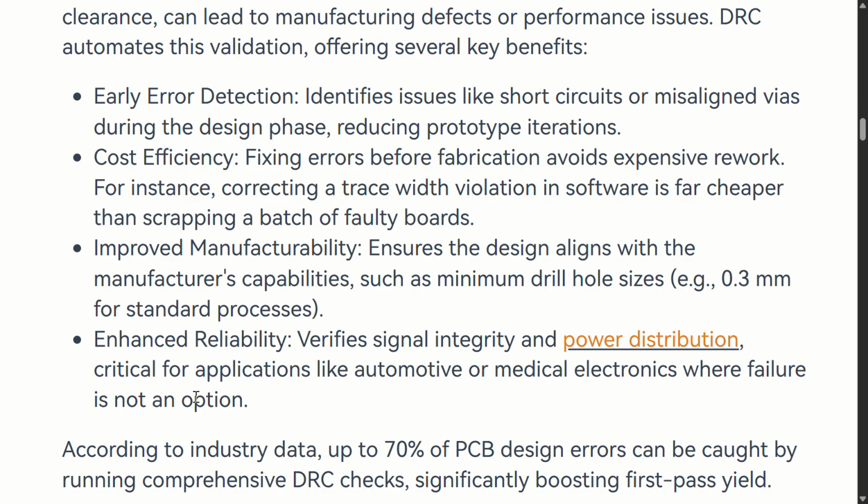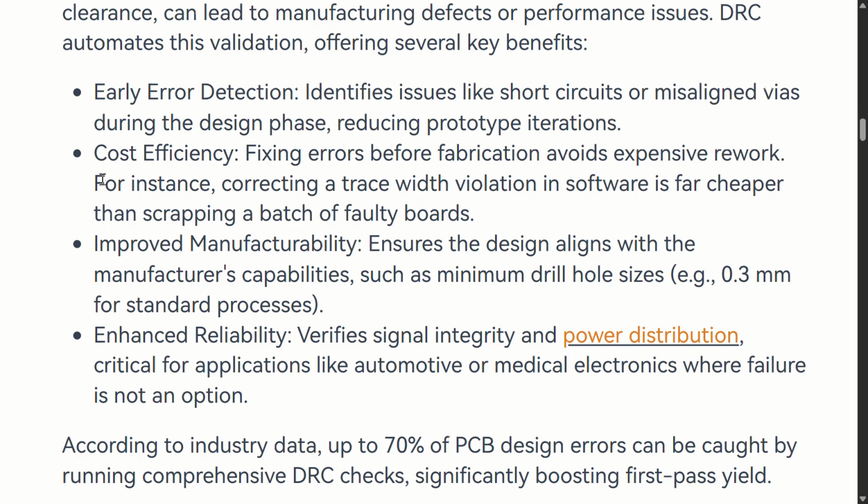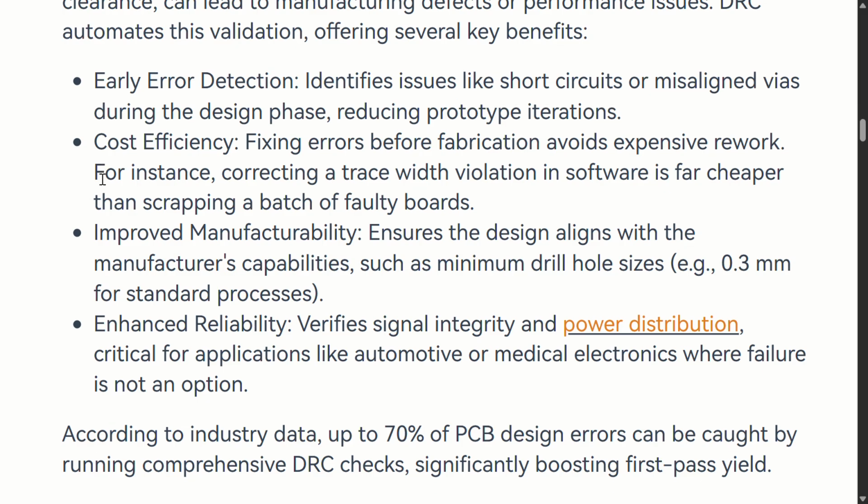Maybe it could be due to a short circuit or some other possibility. But if you have DRC, you can detect the errors early during the design phase itself. You can also reduce prototype iterations, because if the first PCB fails, you need to redo the design and get it fabricated again. So these prototype iterations are reduced.